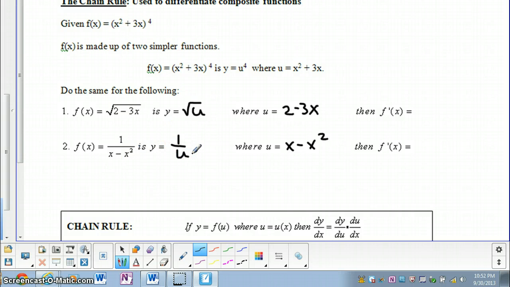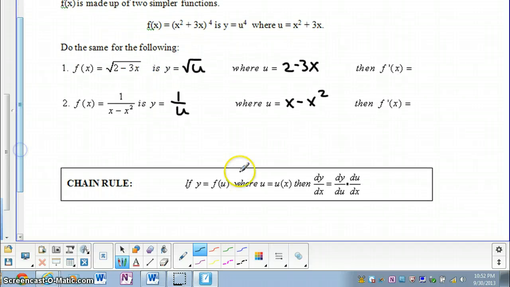Okay. So this is one of the first things that we have to realize when we're using the chain rule. We want to make sure we see what are the two simpler functions inside. Then it's going to help us use our chain rule.